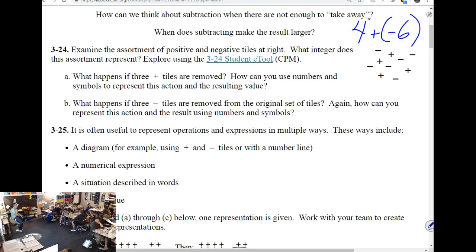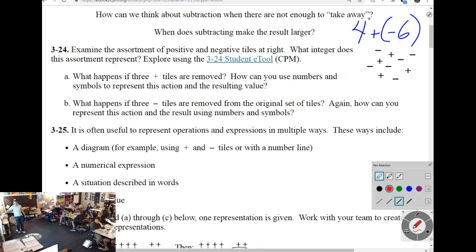So how do we mathematically show it? You would just do 4 plus negative 6 minus. Yeah, if we're going to remove the plus tiles, all of these are going to disappear.